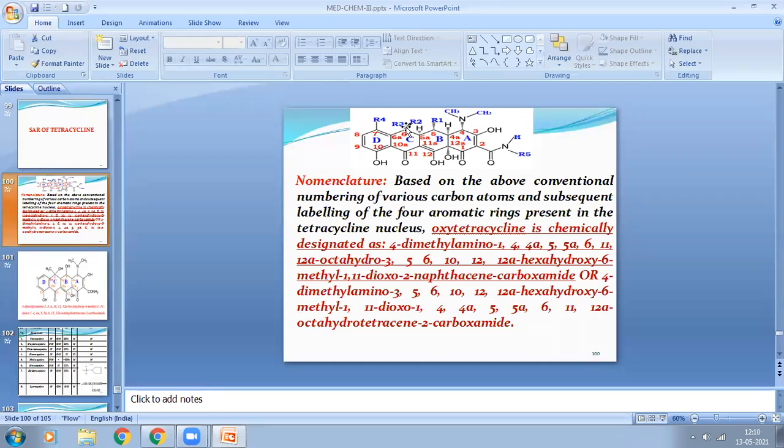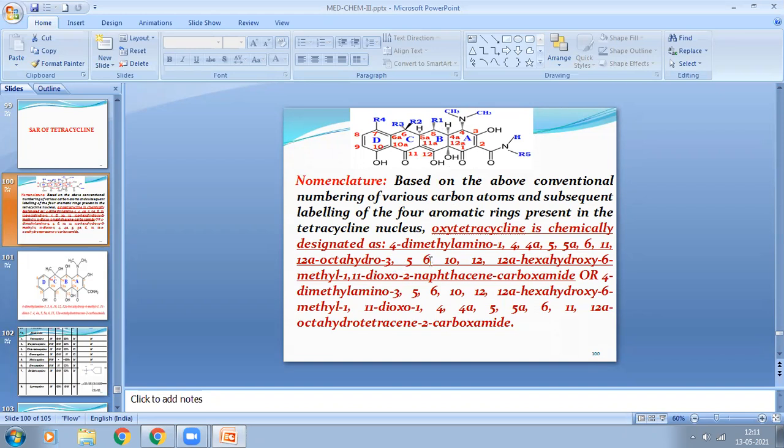In the case of chlortetracycline, 6-methyl, 1 and 11. In the 1 and 11 positions, an oxo group, a keto group, is there. So 1,11-dioxo, 2-naphthacenecarboxamide. So this is the nomenclature of oxytetracycline.